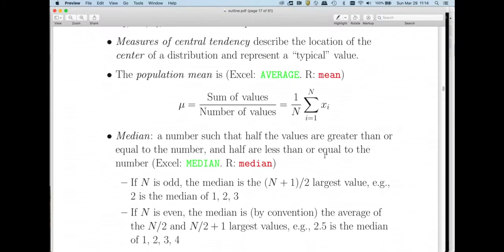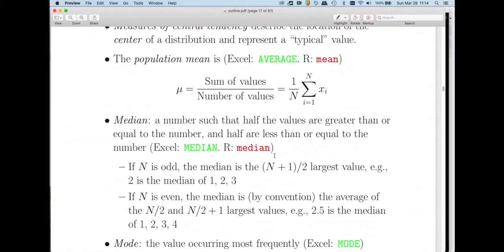Now, another measure is the median. So the way to think about the median is it divides my distribution in half. Okay, so it's the point where half the values are greater than or equal to the number, and half the values are less than or equal to that number.